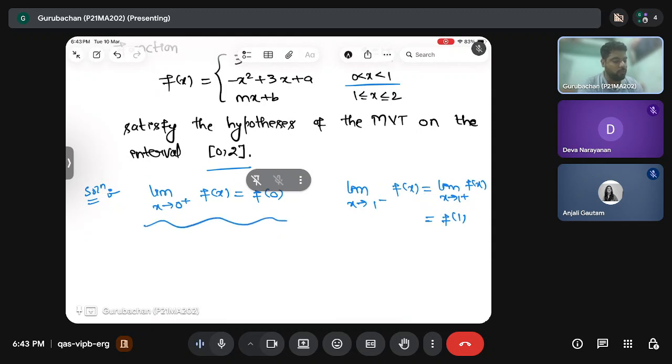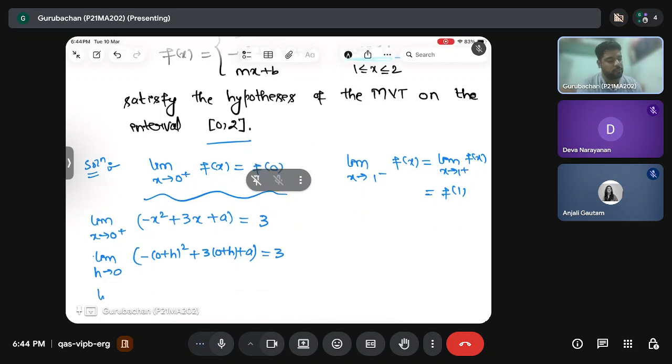So what will this give? Limit x tending to 0 plus of minus x square plus 3x plus a, and f of 0 we are given as 3. Since this is a polynomial, we substitute x equal to 0 plus h: minus h square plus 3h plus a is equal to 3.